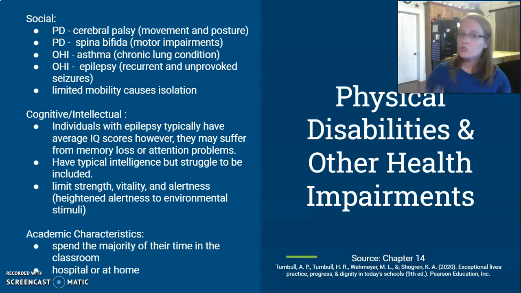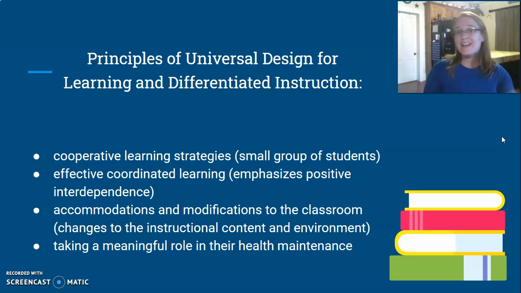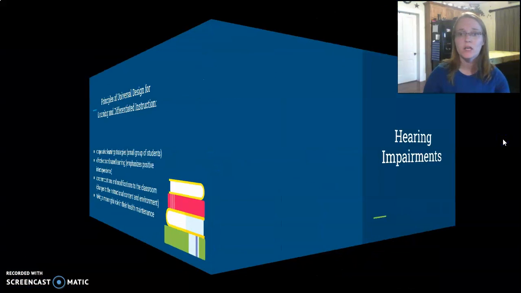That may be all they need to show what they understand and comprehend. They do spend the majority of their time in the classroom. However, some spend their time in a hospital or at home. But there are ways to incorporate them. Cooperative learning strategies, accommodations, modifications to the classroom, especially the environment.